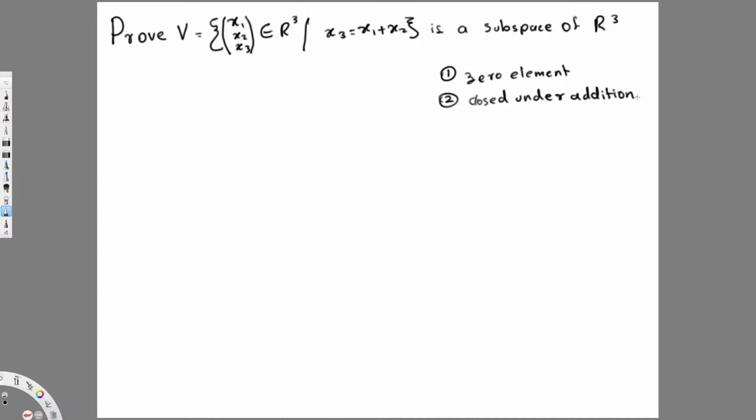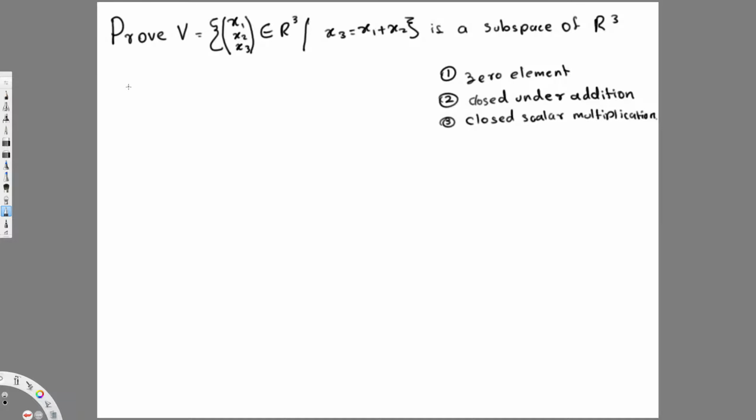Also, it should be closed under scalar multiplication. So these are the three things we have to consider before we solve this problem.